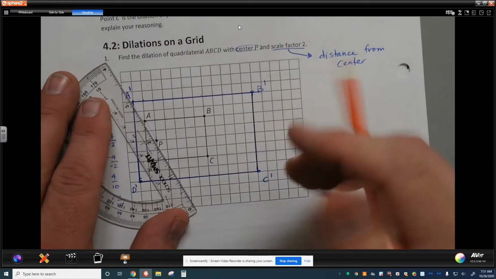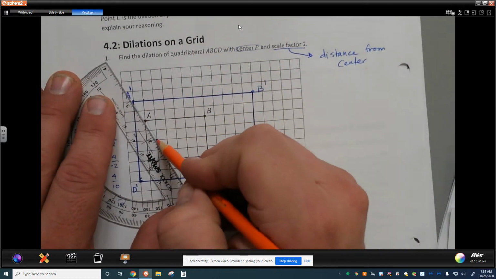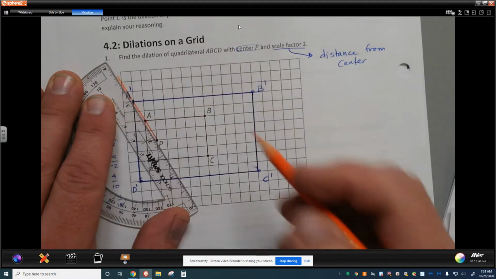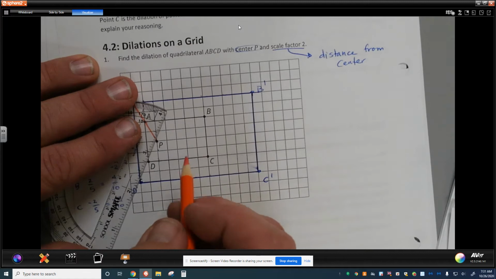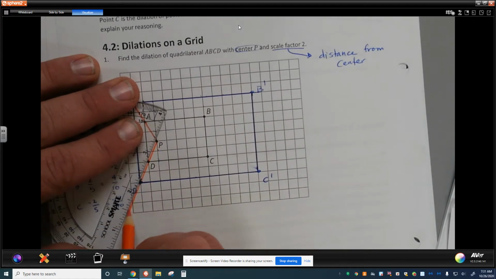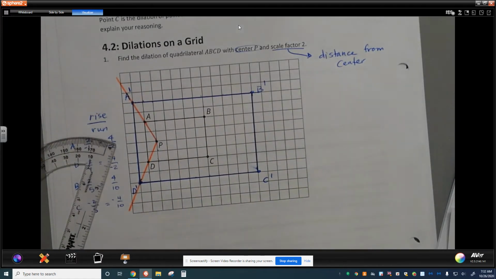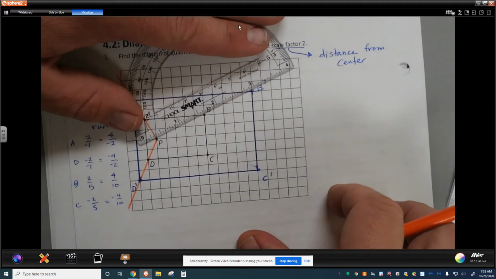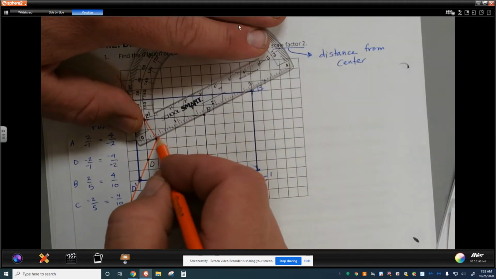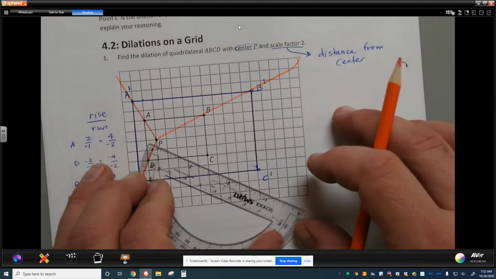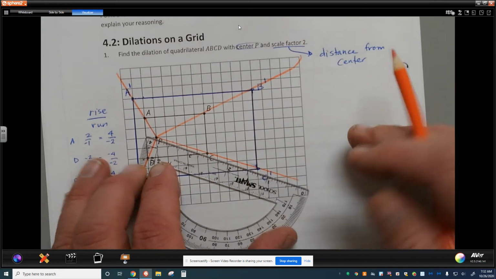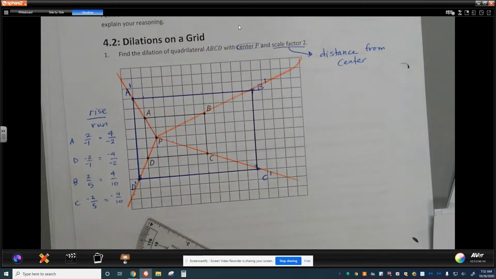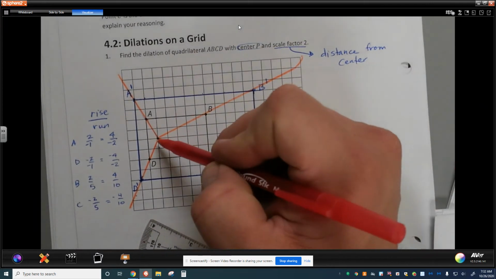We can see that these points from P through A to its image are collinear, meaning that the center of dilation, its original point, and the dilated point are all going to fall on the same straight line or same ray that goes from that center of dilation out. And we see that growth coming from it, and these distances are just double the distance.